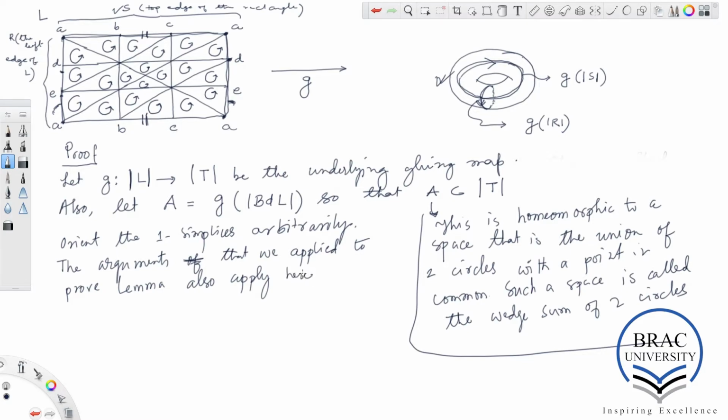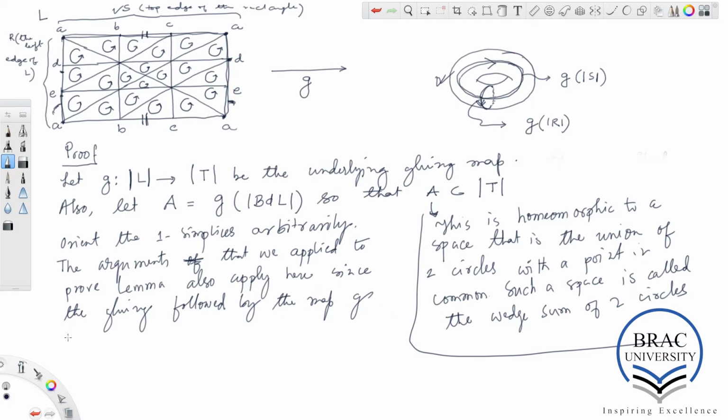Since the gluing followed by the map G only takes place along the boundary BDL.